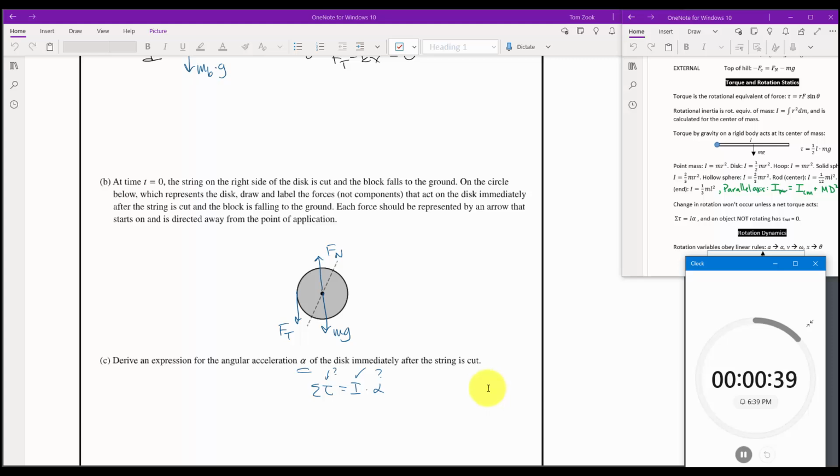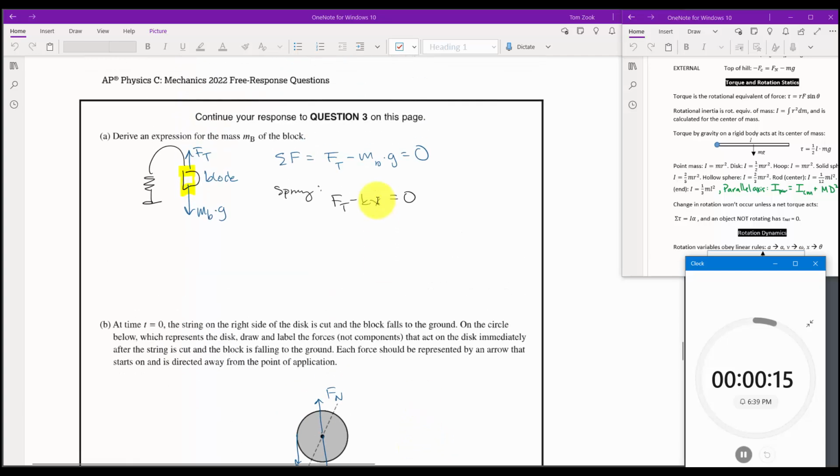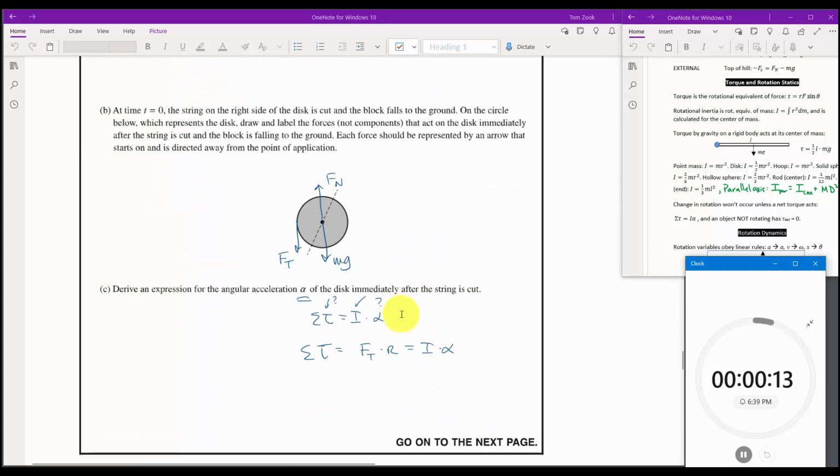And there's only one force acting on it right now, which is the tension force. So the torque on the system would be the force of the tension times the radius, and that should be equal to I times alpha, I think. That's a good setup. Again, we're going to run into problems of having to do a bunch of substitutions and things, but I think that's a good setup.